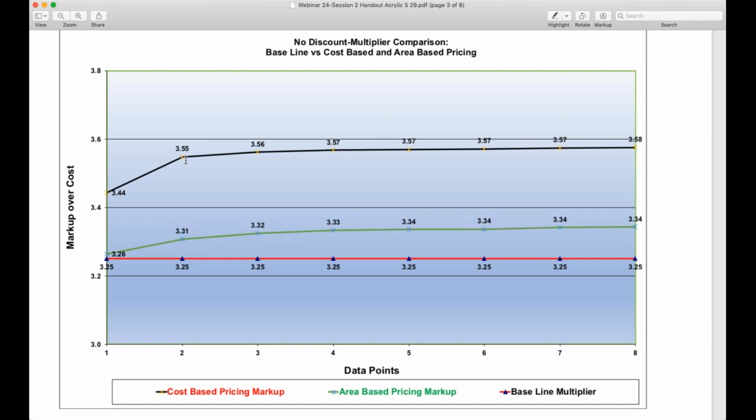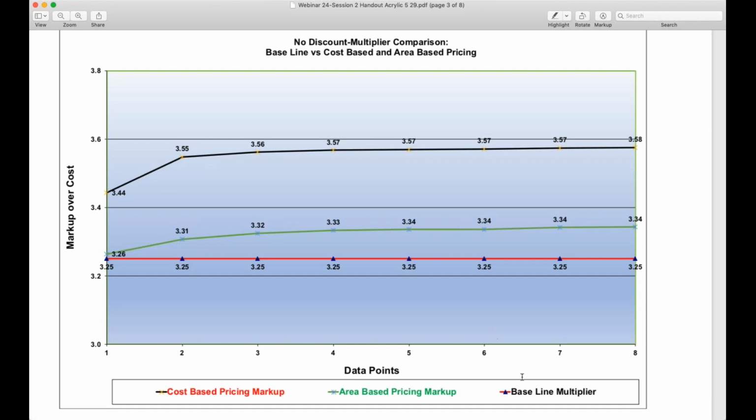So the markup itself, if you're in cost-based pricing, is a combination of what the markup is for labor, what it is for equipment, and what it is for the materials. In the case of area-based pricing, you really have independent markups. So the only value that's relevant is this effective number.